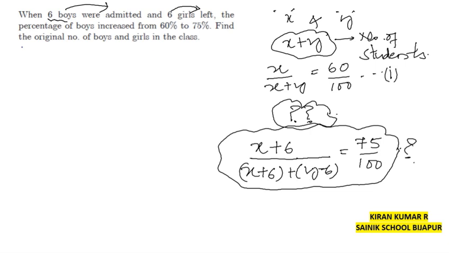Now to find the percentage, the number of boys divided by the actual strength will be X plus 6 upon X plus 6 plus Y minus 6. This will be equal to 75 by 100. The reason is, from 60%, now with the new strength, the share of boys has increased to 75%. So I have taken 75 by 100. Think on these lines and then find the values of X and Y.